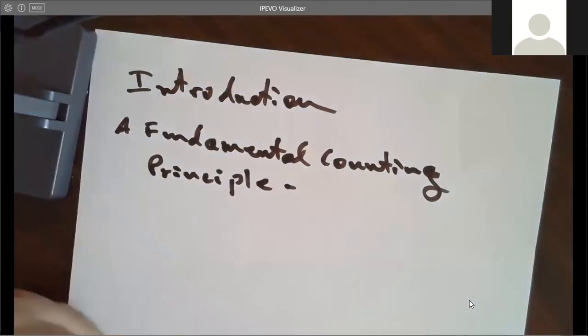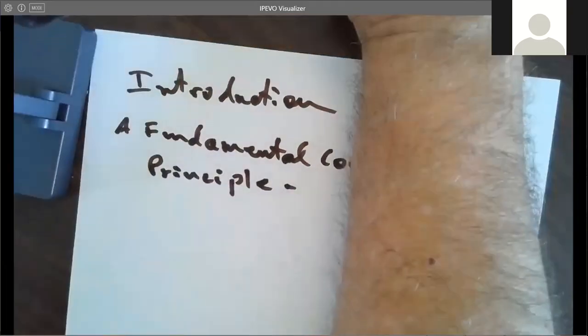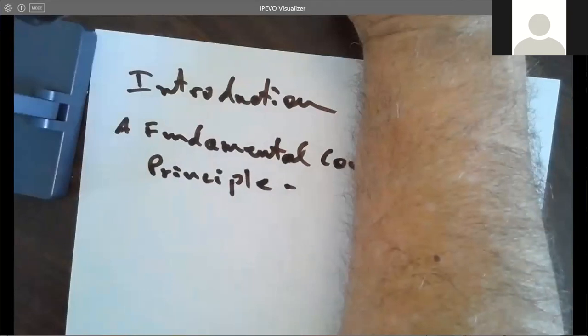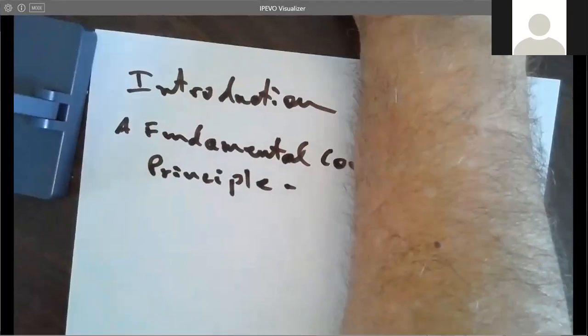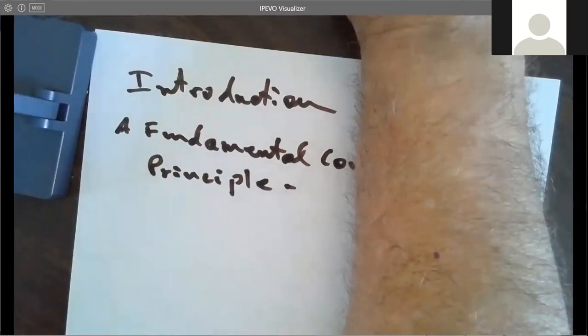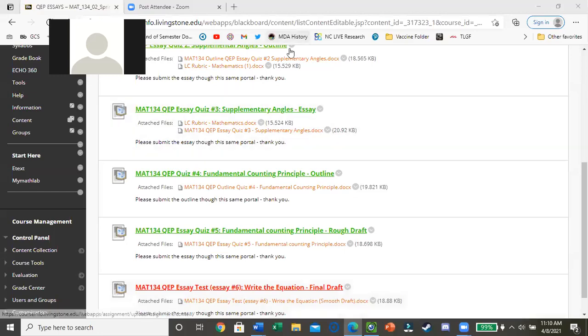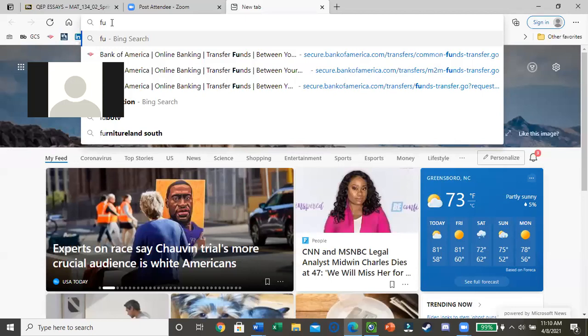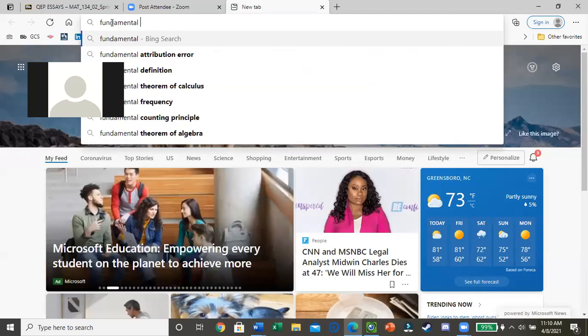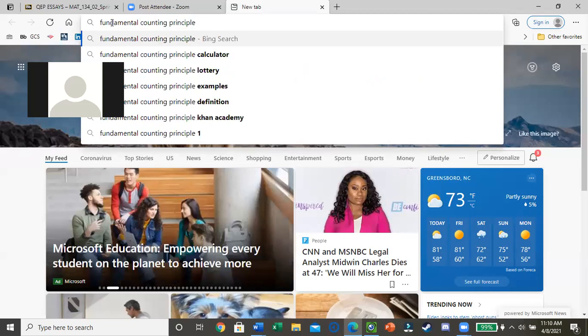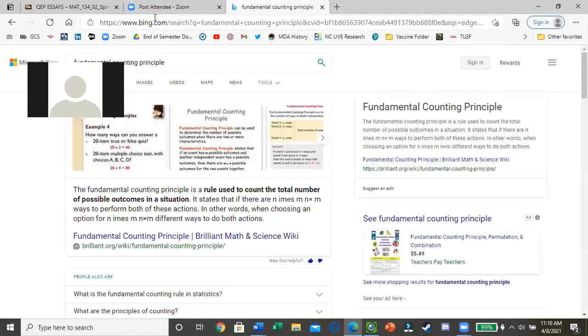Well, you can look that up in the textbook, or you could also go to an online source as well. For example, if you go to a web search and type in fundamental counting principle and hit enter, there's several different web places that you could go to.